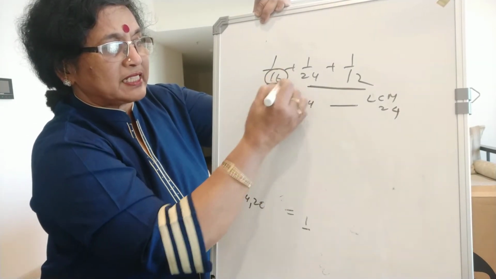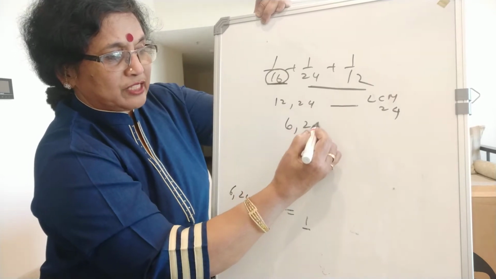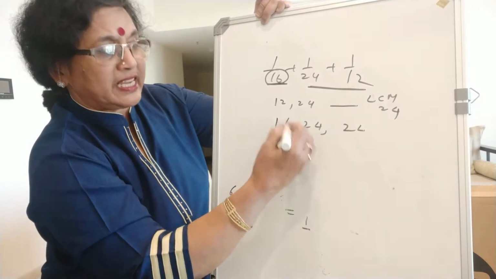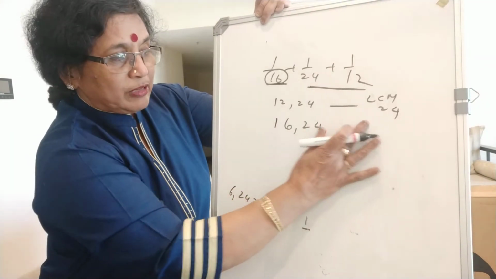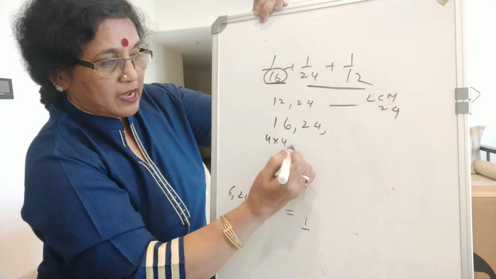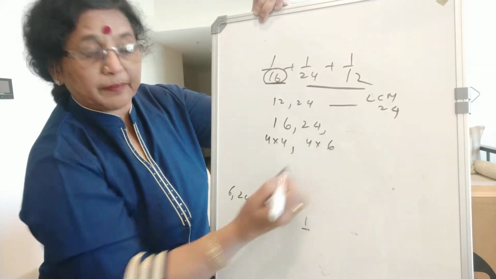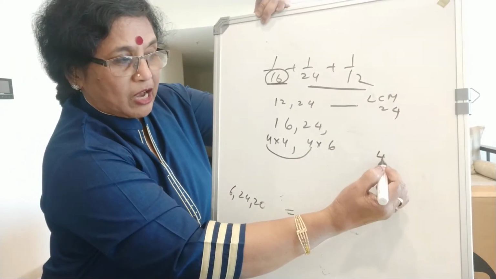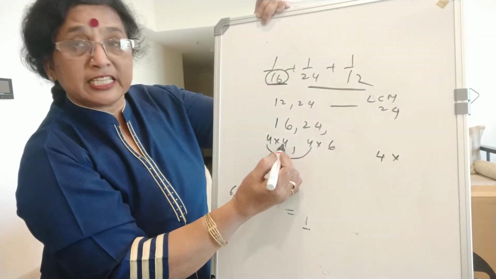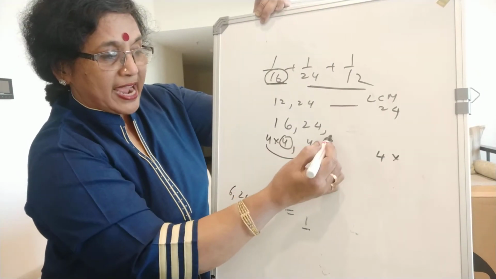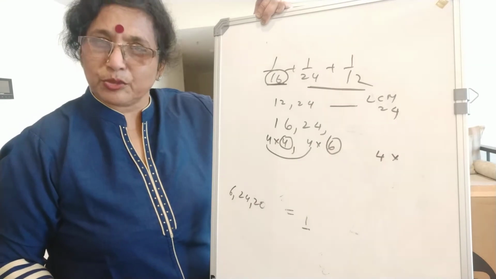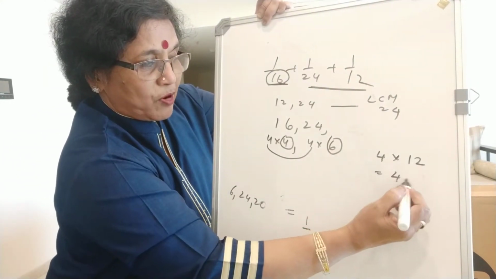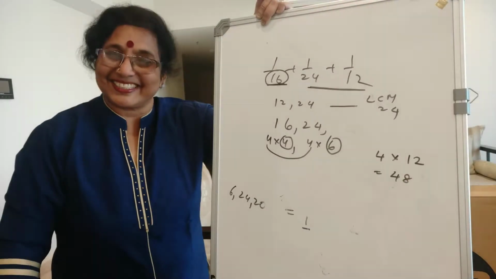So you have 4 4s and 4 6s. The common number is 4. Copy it down, multiply by the LCM of 4 and 6, which you know is 12. So you can write 12. So the LCM of this is 48.